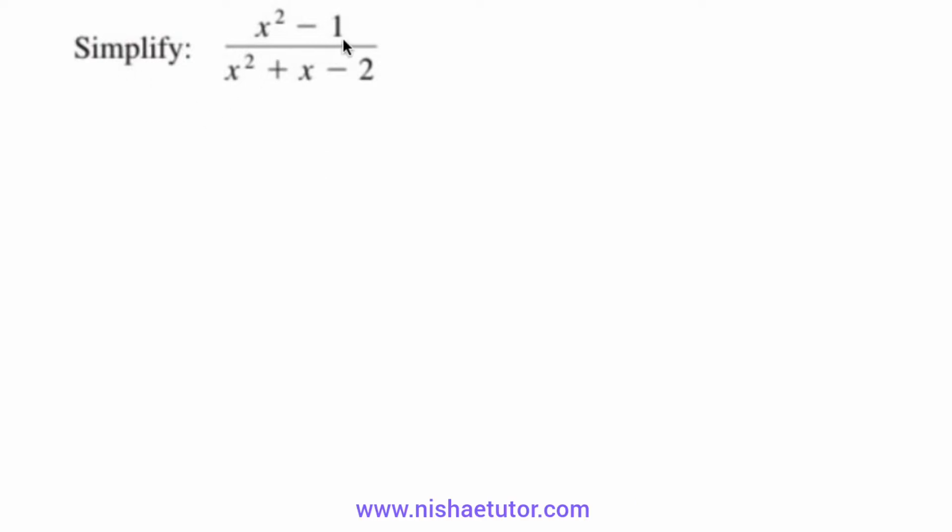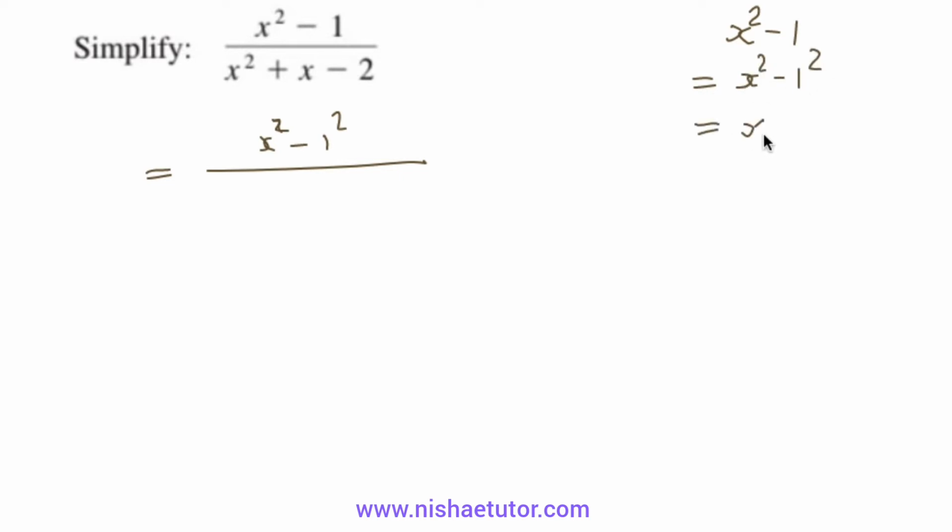X square minus 1 upon x square plus x minus 2. So here, x square minus 1 we can write as x square minus 1 square, and here we can use the difference of squares formula, a special product formula.